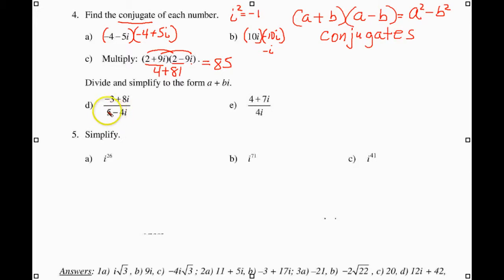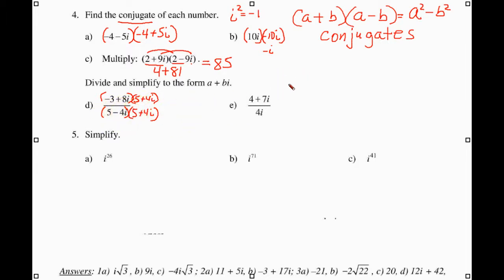We're sort of getting rid of the imaginary number in the denominator by multiplying it by its conjugate, the conjugate of the denominator, which is 5 plus 4i. Remember, this is a 1 in this form that will, in a sense, change the denominator from being imaginary to a real number.